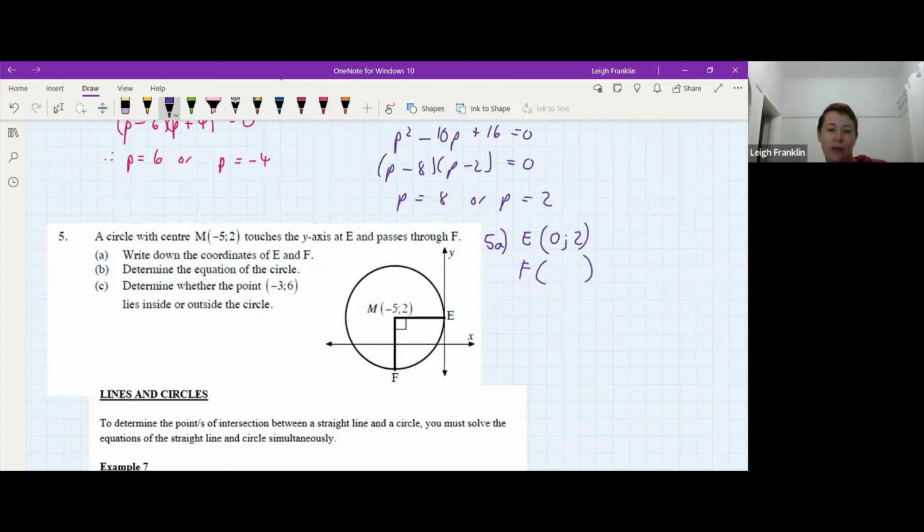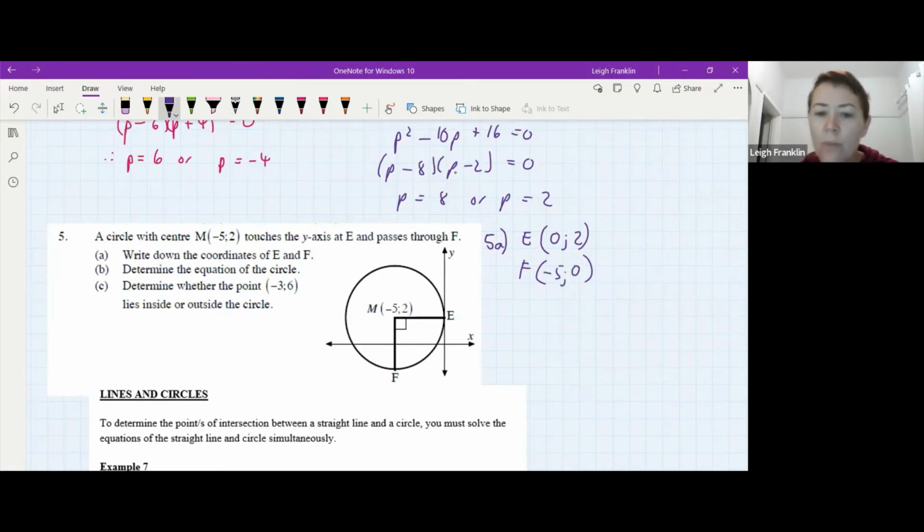Okay, now F. Anybody want to offer an answer here? What do the x and y coordinates need to be at F? Let's see what's going on in the chat. Okay, so Mako Sandile says minus 5 and 0.